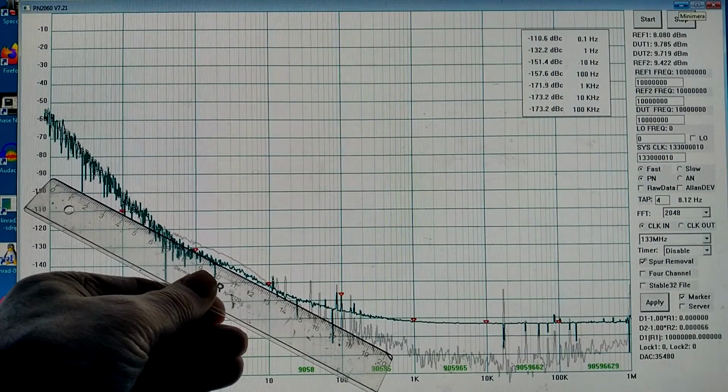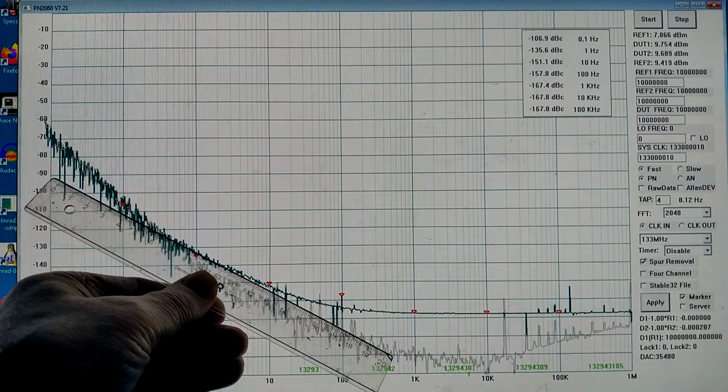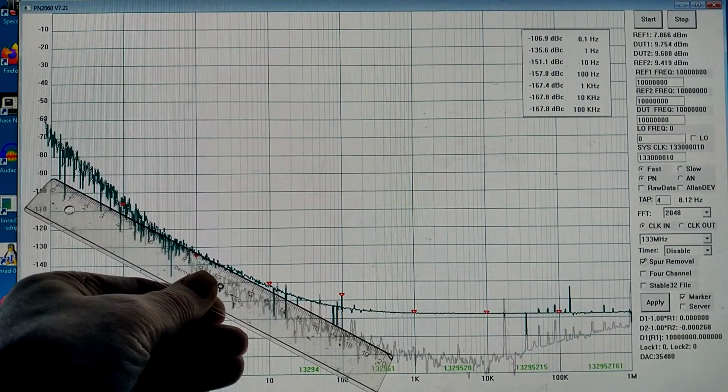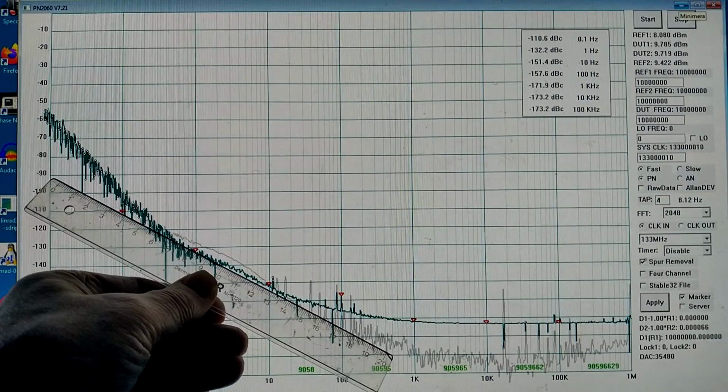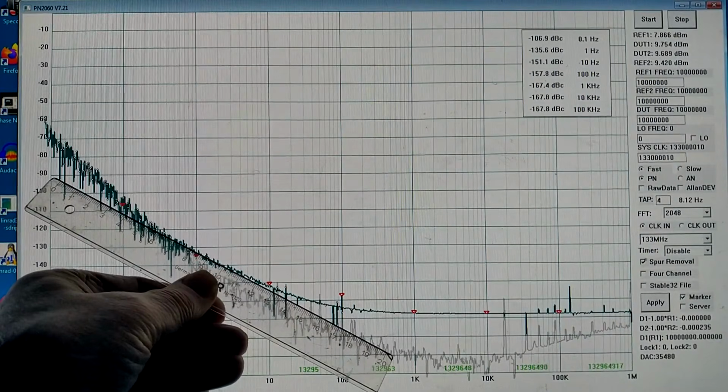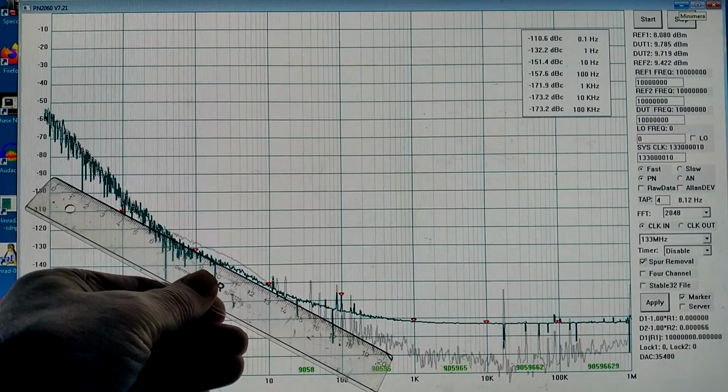And here is the noise when I was feeding it through the crystal filter. And as you can see, around 1 Hz it is more or less exactly the same, to the accuracy I can get with this system. But at something like 3 Hz, there is more noise when I feed through the crystal filter.